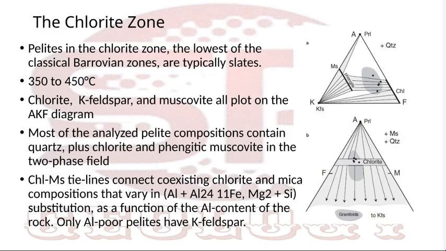So first, the chlorite zone develops after the diagenesis process. In the chlorite zone, basically, the shales convert to slates. You know that sequence, na?